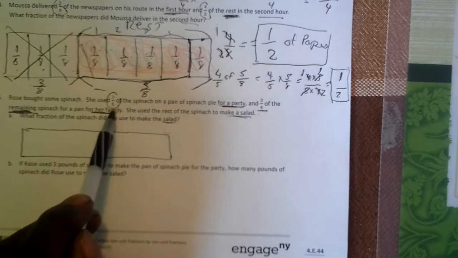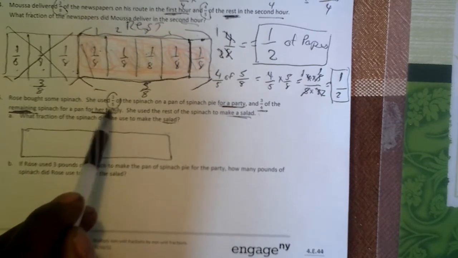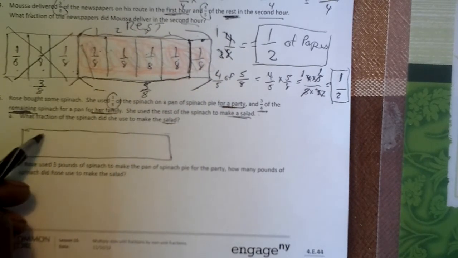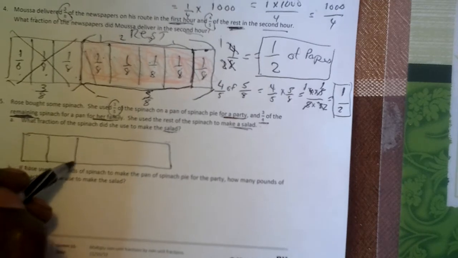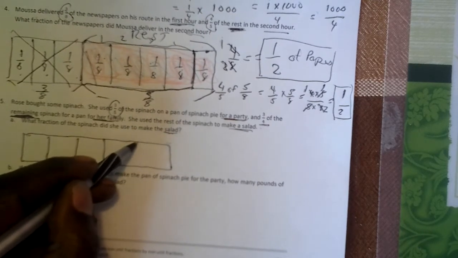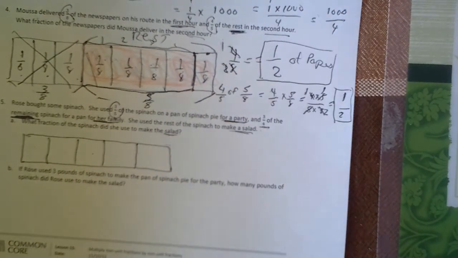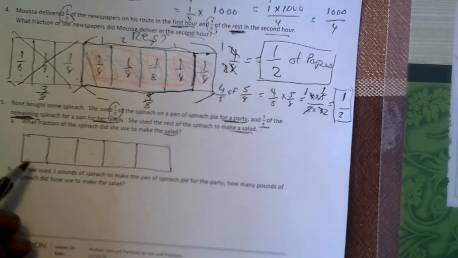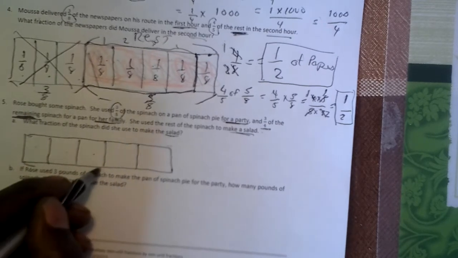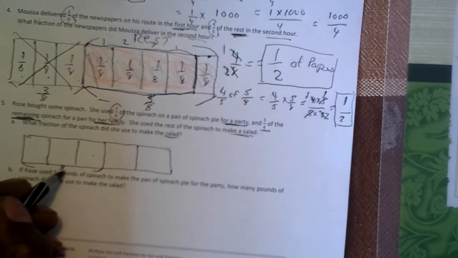And since she used what first? 3/5, let's split it into fifths, okay? So we need 5 pieces. 1, 2, 3, 4, 5. Yes? So she used 3/5, so we label this 3/5.